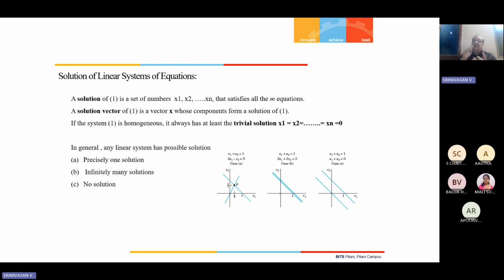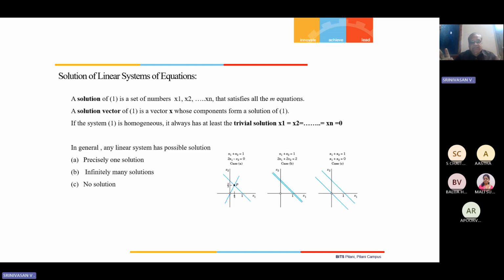In which case, the system, though consistent, has infinitely many solutions. And finally, if rank of A is not equal to rank of AB, we can say the system is inconsistent, which means there is no solution.